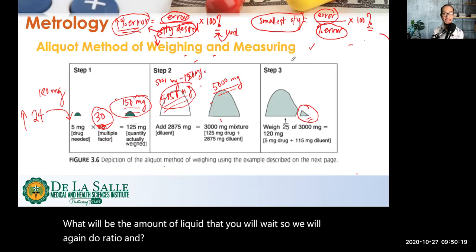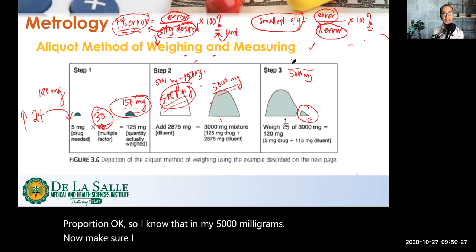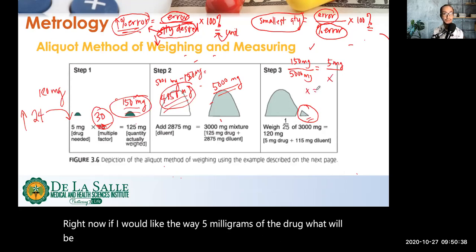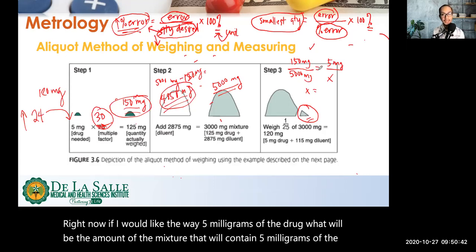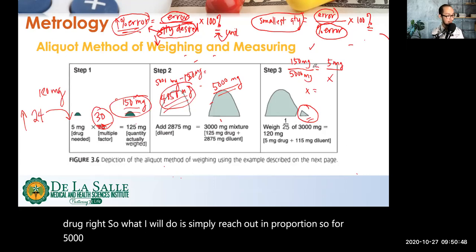I know that in my 5,000 milligrams of mixture, I have 150 milligrams of the drug. If I would like to weigh 5 milligrams of the drug, what will be the amount of the mixture that will contain 5 milligrams of the drug? I will simply do ratio and proportion: 5,000 times 5 divided by 150.